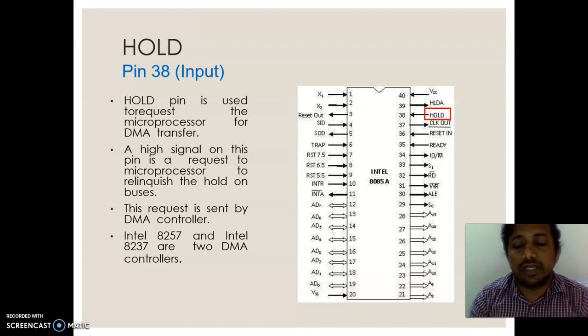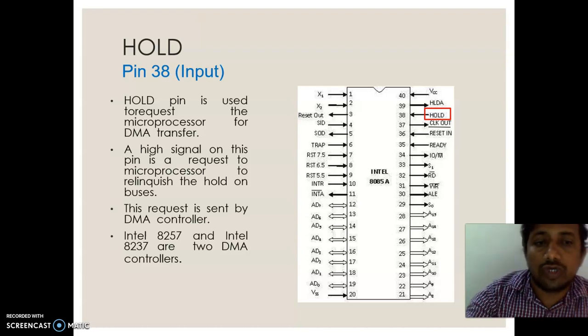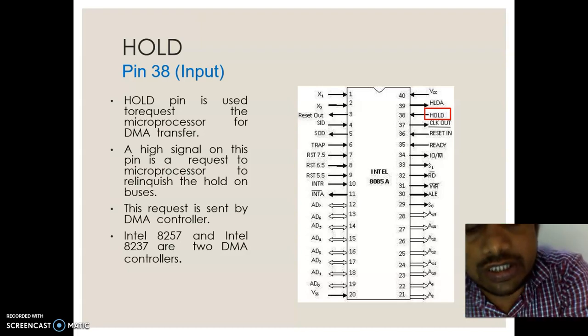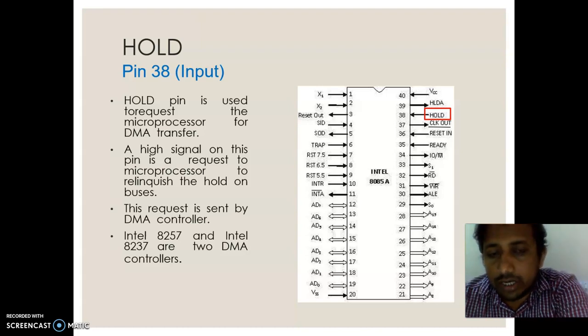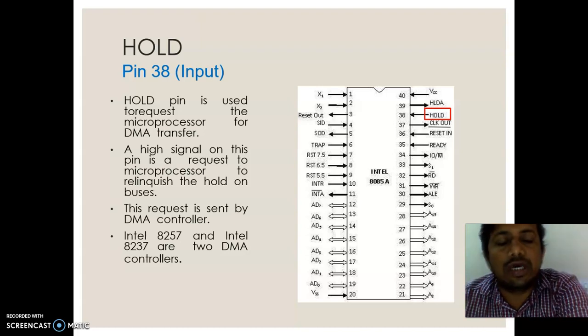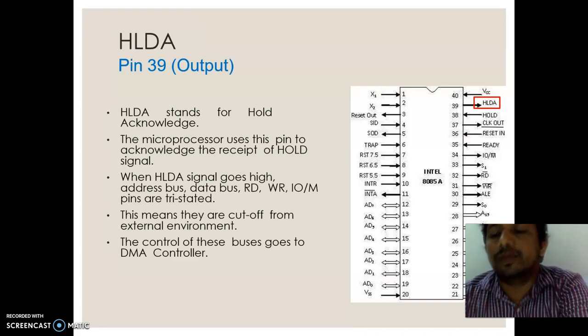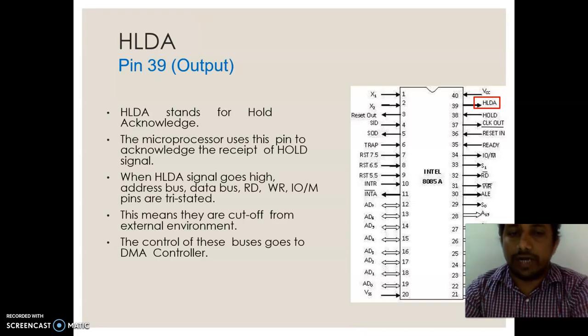So a peripheral could send the request to the microprocessor using a hold signal. Hold is a request given by a peripheral to hold the system buses. And if the microprocessor is free enough to give the system buses, it would send out a signal called hold acknowledgement onto pin number 39. It would be sent to the peripheral. So the peripheral will take this and go for DMA.